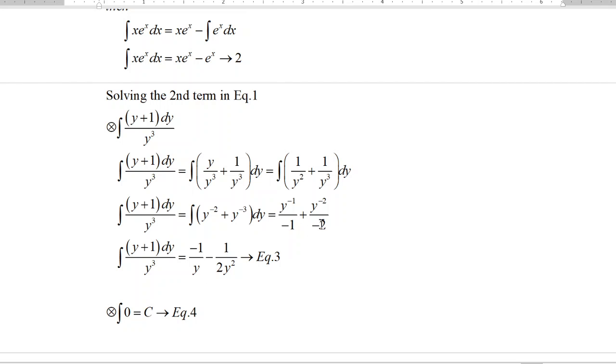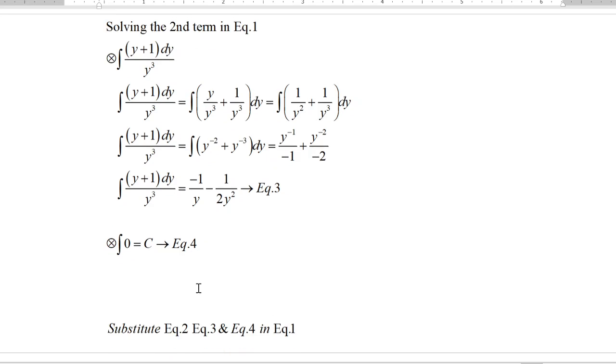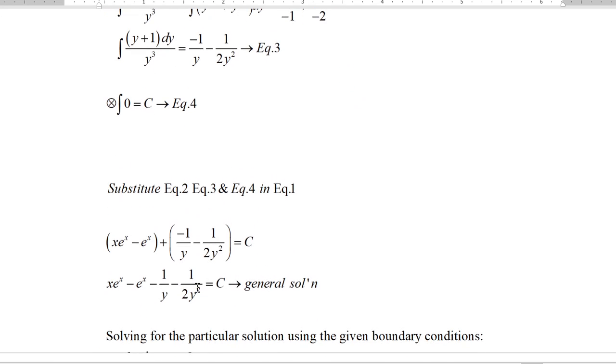Minus, because that is negative 2, y squared goes down, raised to negative 2, becomes y squared. So, this equation became negative 1 over y minus 1 over 2y squared. That is the integral of our second term. And then, I repeat, integral of 0 is a constant. So, we copy equation 2, equation 3, and equation 4 to equation 1.